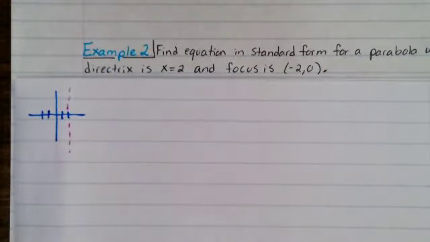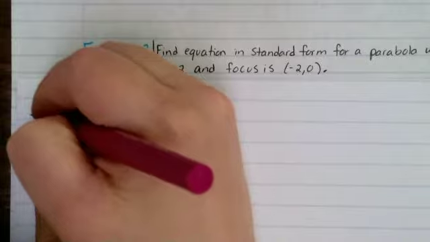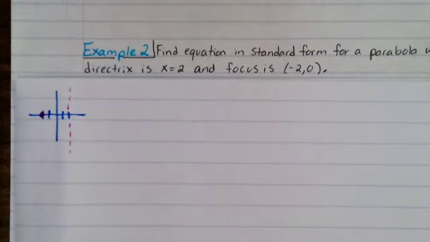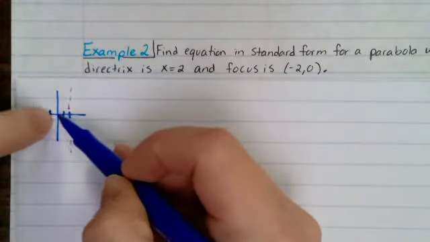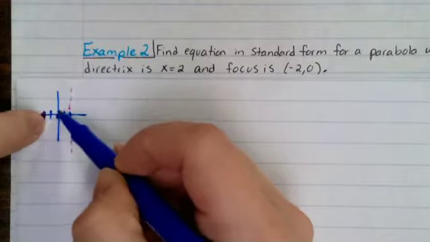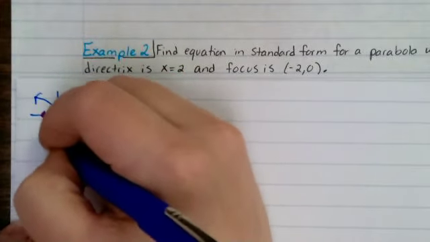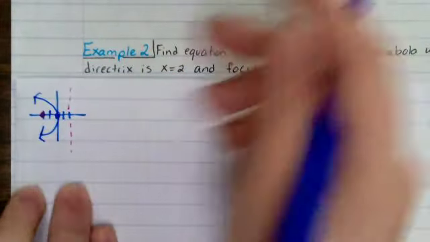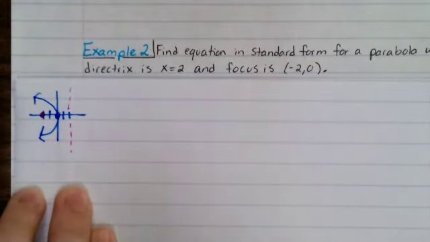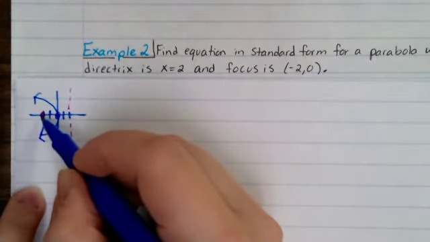Okay. All right, so if that's what we've got going on, remember that your vertex should be halfway between the focus and the directrix. So my vertex should actually be at the origin, and we should be opening out sideways. Okay, so just in knowing that, that tells me my p-value is going to end up being negative.